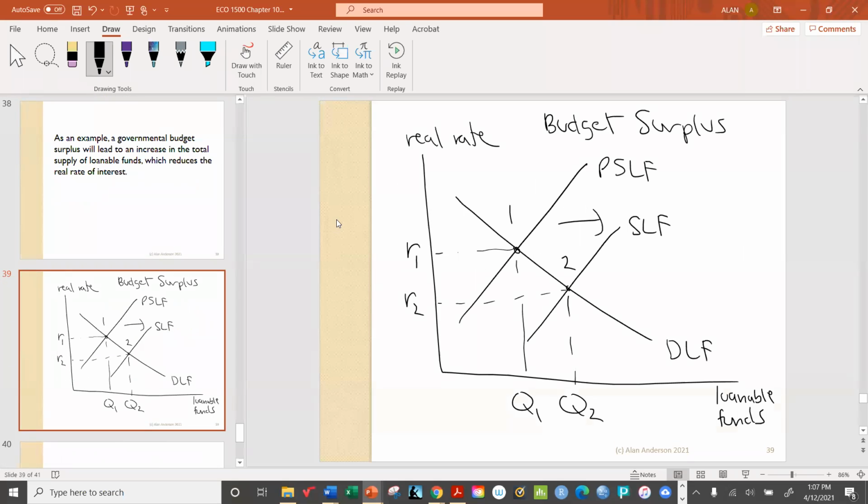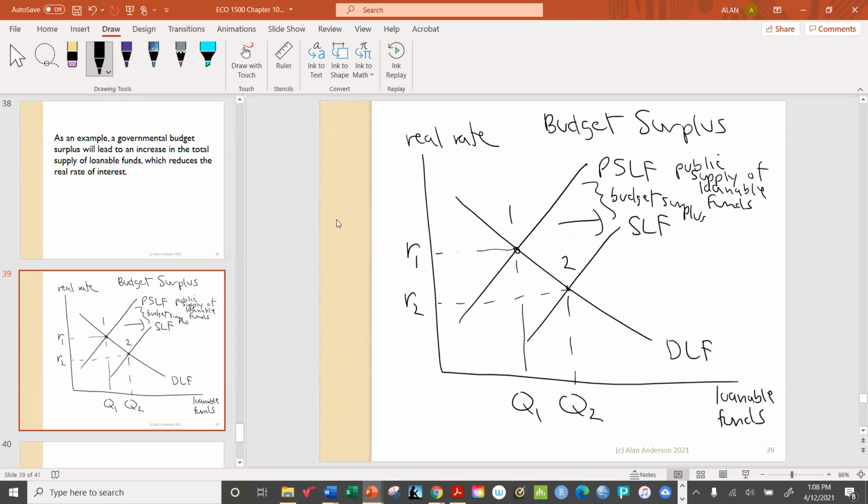So what they're doing here now, this P is the public supply of loanable funds. If just this changes, this shift to the right is due to a budget surplus. And because of that, the entire curve shifts to the right.